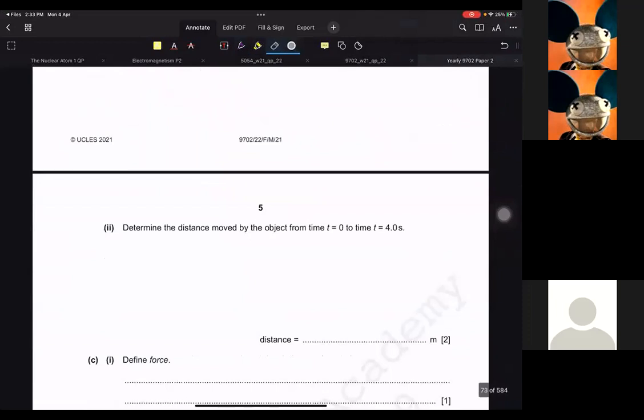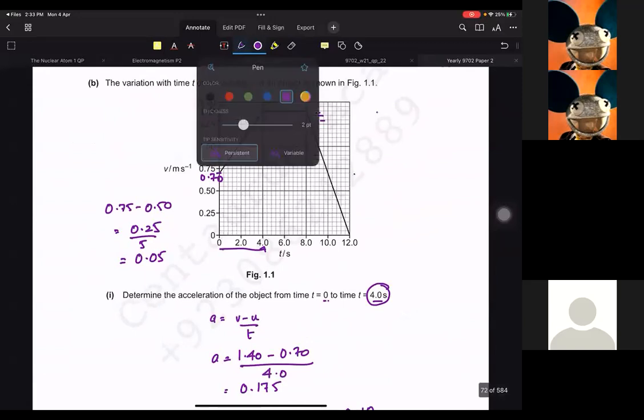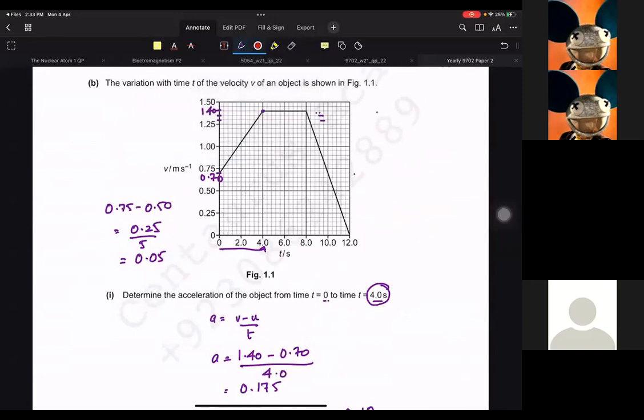Now, going to this, it says determine the distance moved by the object from this to this. Okay, so if you look at this, we should understand the distance is the area under the curve, and the area under the graph is from here till here.